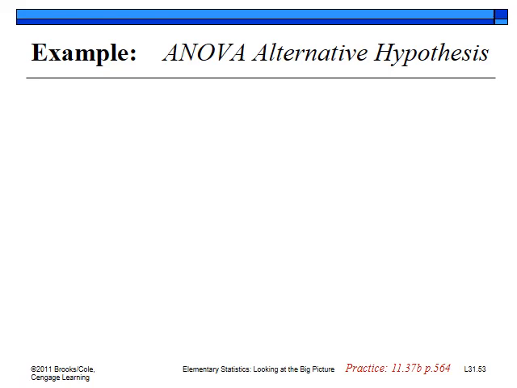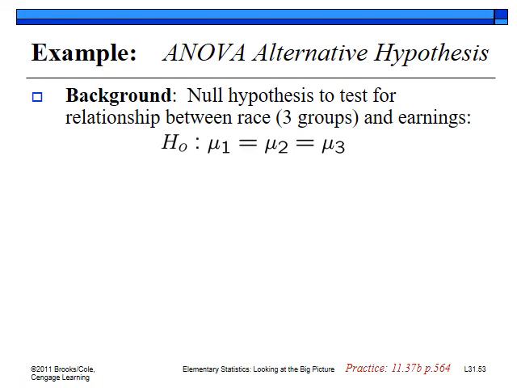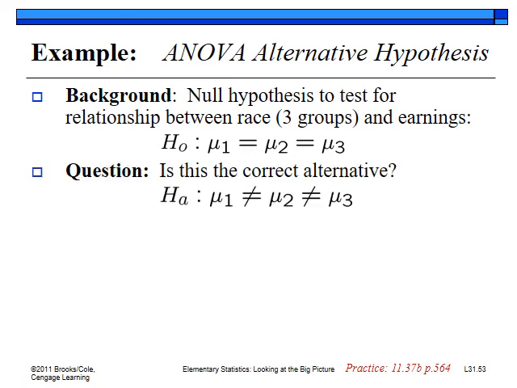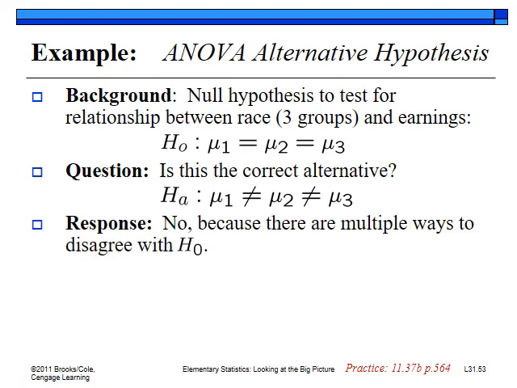So when we're framing the alternative hypothesis for analysis of variance, remember the null hypothesis is that all of the means are equal. Take a look at this alternative. Is that right? It's not.